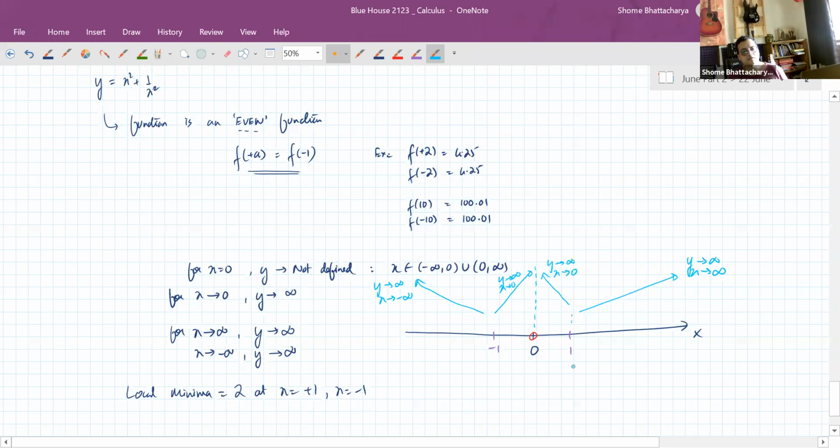But it has local minima equal to 2 here and local minima equal to 2 here. So this is why this happens. The number line analysis also brings a lot of clarity to what is happening to the function over here.